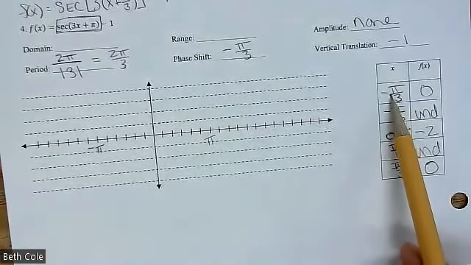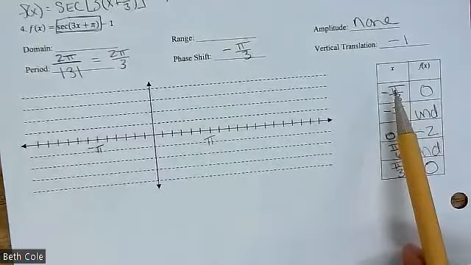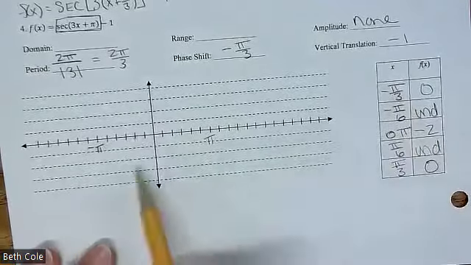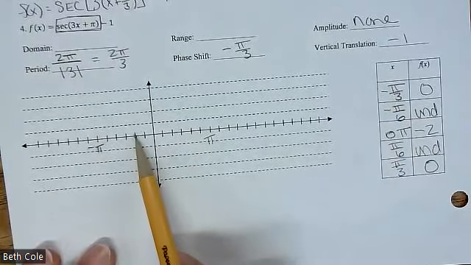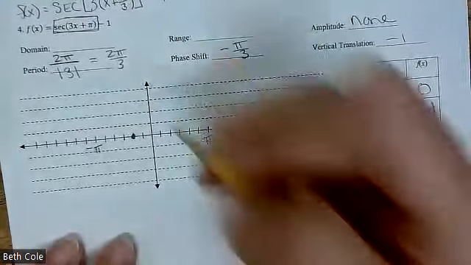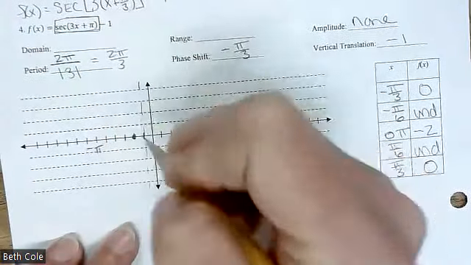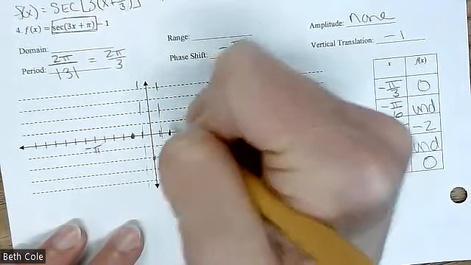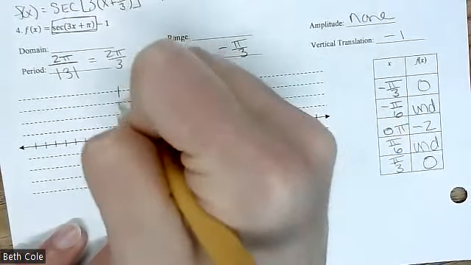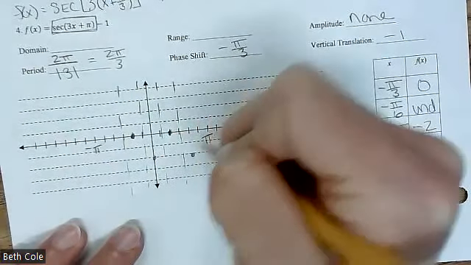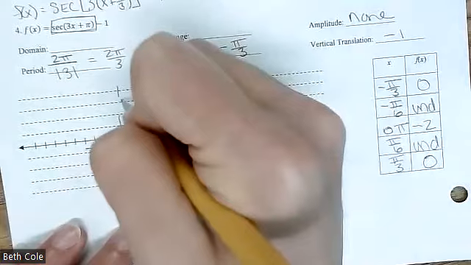So negative a third, that's negative how many 6? Good, perfect. You guys are good with fractions. Negative 2/6. So that's going to be this tick mark right here. And we'll start at 0. And then an asymptote. And then negative 2. And then another asymptote. And you want to do at least 2 smiley faces and 2 frowny faces. And you can go whatever direction you want.